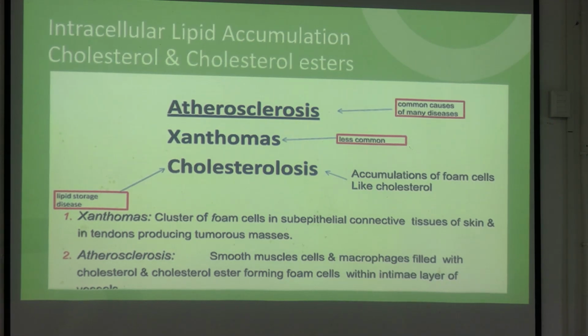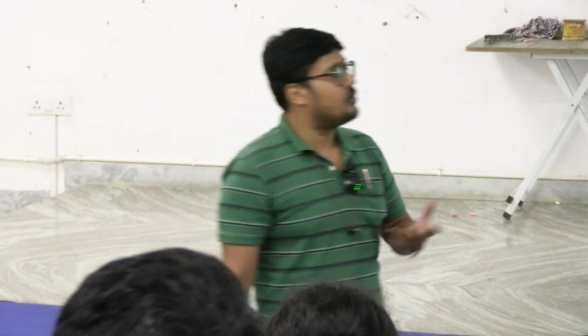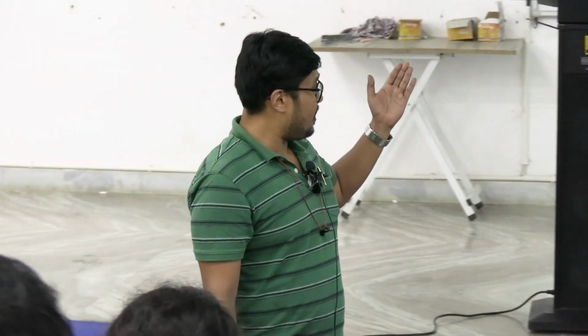If the cholesterol or fat deposition occurs in the submucosa of a biliary organ like the gallbladder, then it is called cholesterolosis. So the pathogenesis is more or less the same: intake of fat by foamy histiocytes, lipid-laden macrophages, in blood or tissue, and formation of this kind of pathology.